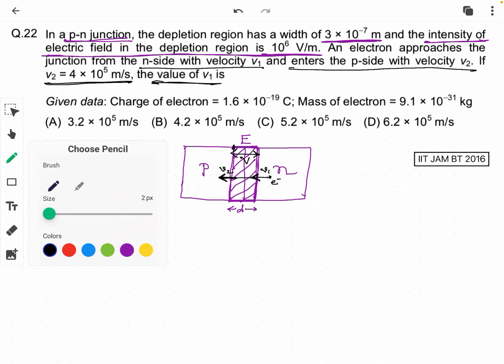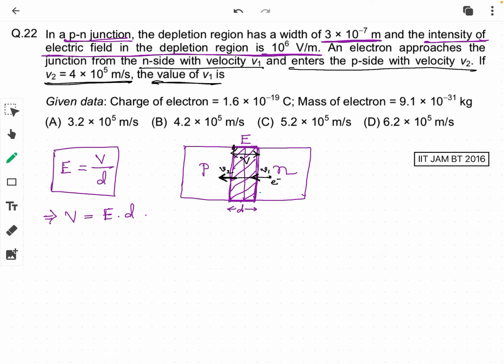That means we can write that the electron had energy initially K1, kinetic energy. With kinetic energy it can pass through the depletion region, right? So its initial kinetic energy is K1. So a part of this energy K1 is wasted to cross this depletion region.